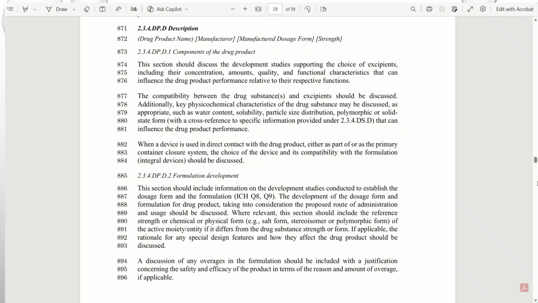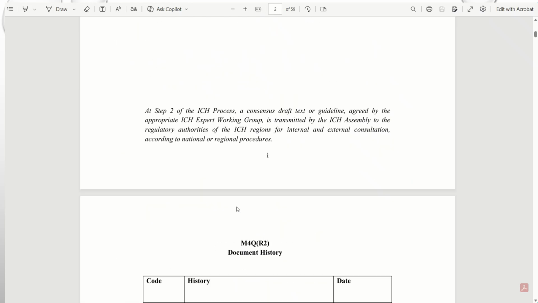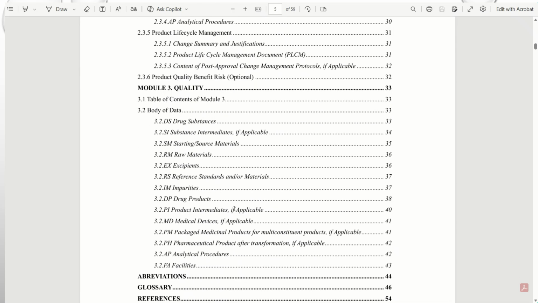And then in the modules, the review section, this is the old module 3, all the quality documents. If we go to the drug substance section, let's see if we can.